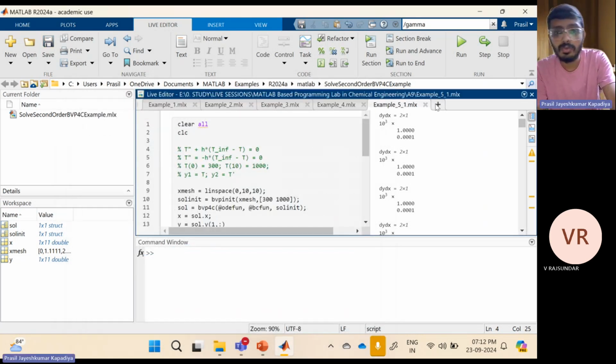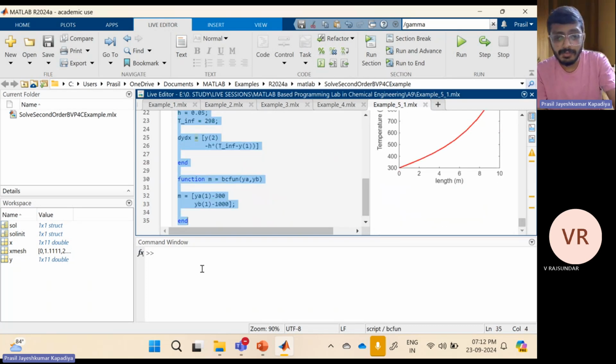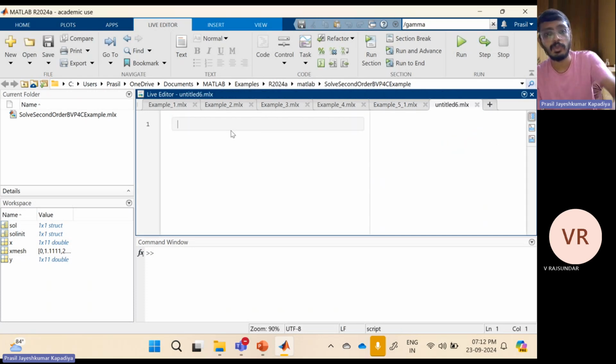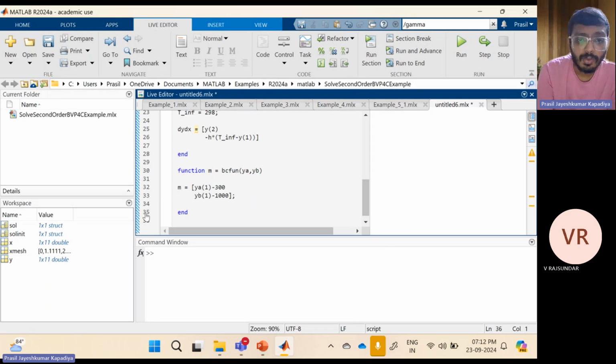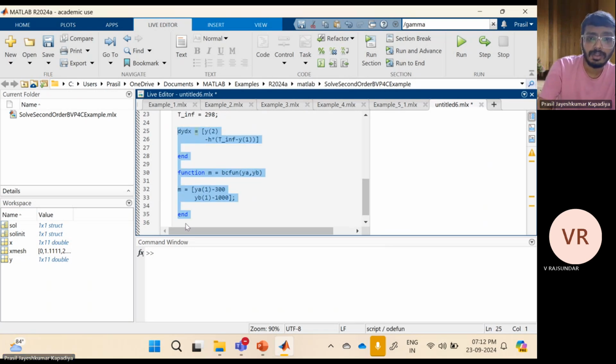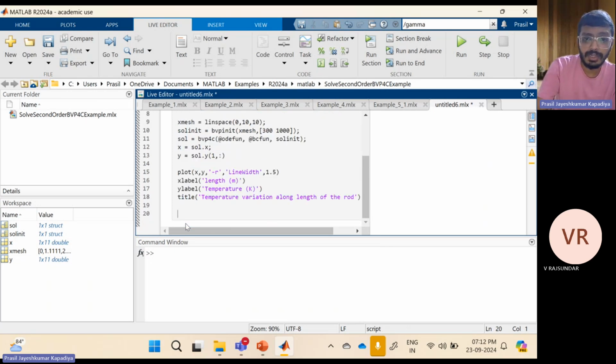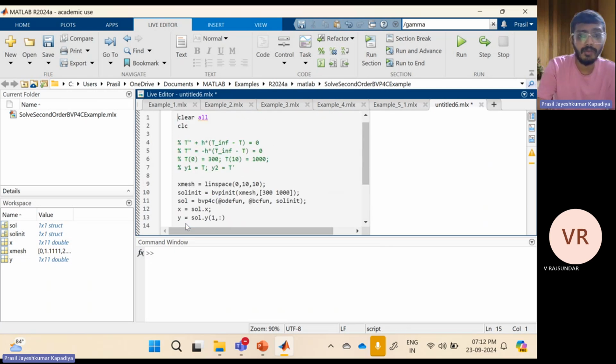Okay, but let's try to write this in a simpler way, where we don't want to define this function at the bottom. This is the same thing I'm showing, but in a different way. Instead of defining all these things below, we can directly define everything on top.